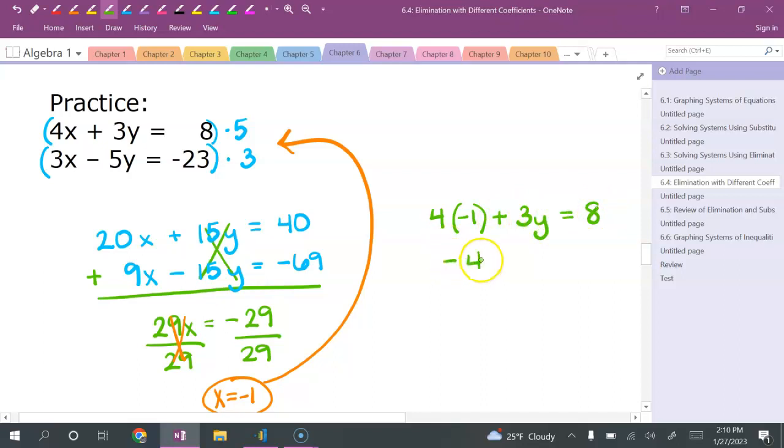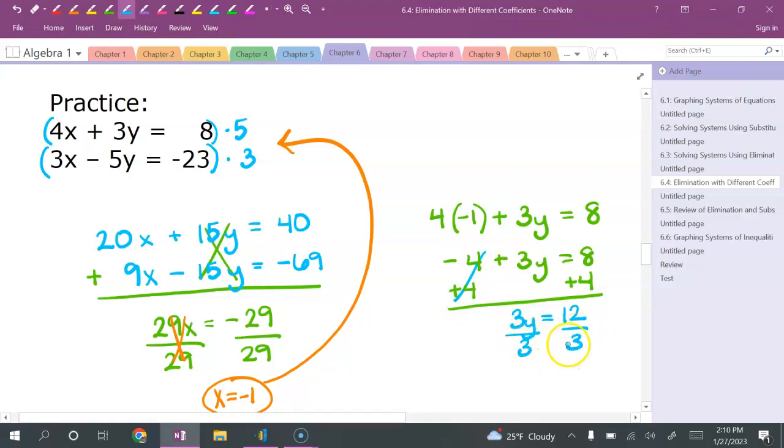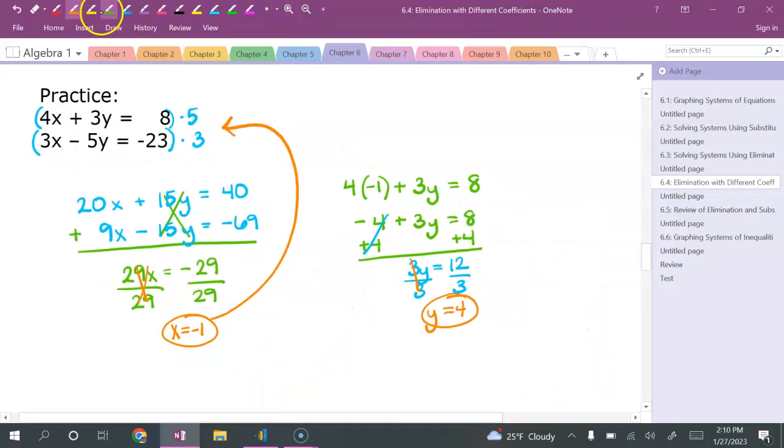That simplified to negative 4 plus 3y equals 8. I added the 4, so I had 3y equals 12. Divide by 3, and I got y equals 4. And then the last thing I did is I wrote it as an ordered pair. So negative 1, 4.